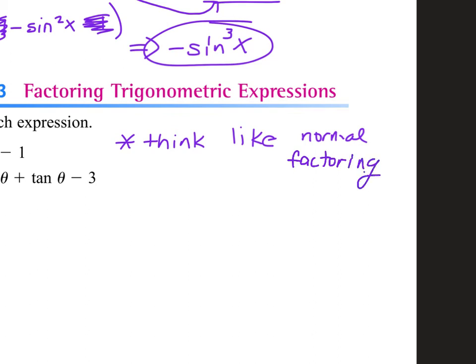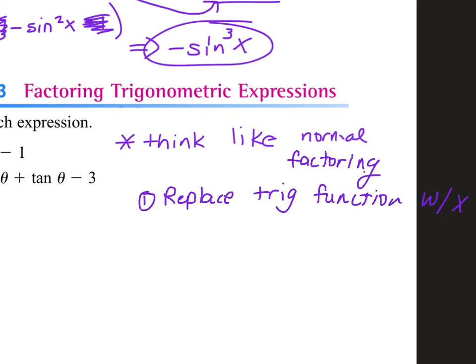You don't have to do it this way, but it's helpful for some of us at the beginning to kind of see things. What I want you to do is first replace your trig function with x.